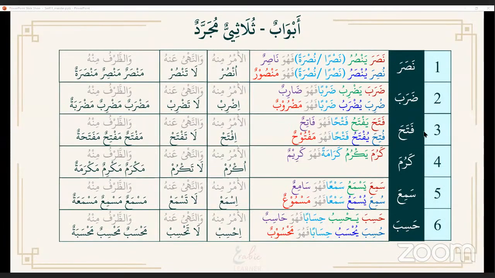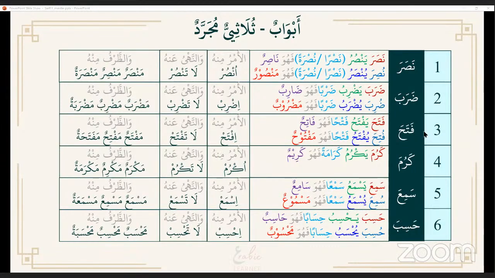Al-amru minhu iftah, wal-nahyu anhu la taftah, wal-dharfu minhu maftahun, maftihun, maftahatun. Karuma yakrumu karamatan fahuwa karimun. Al-amru minhu ukrum, wal-nahyu anhu la takrum, wal-dharfu minhu makramun, makrimun, makramatun.